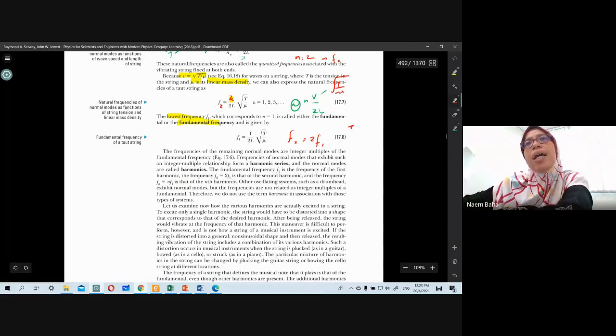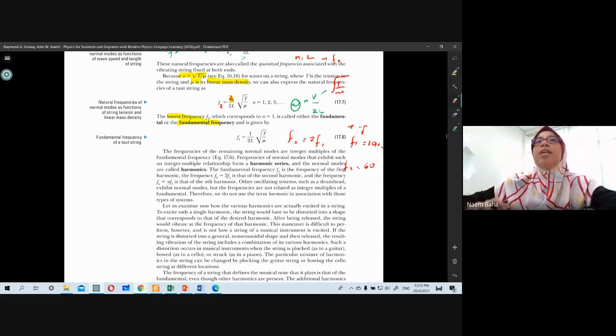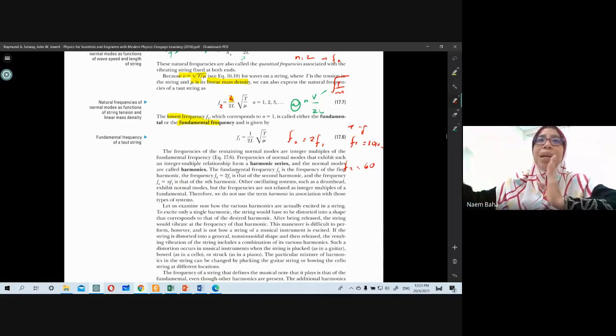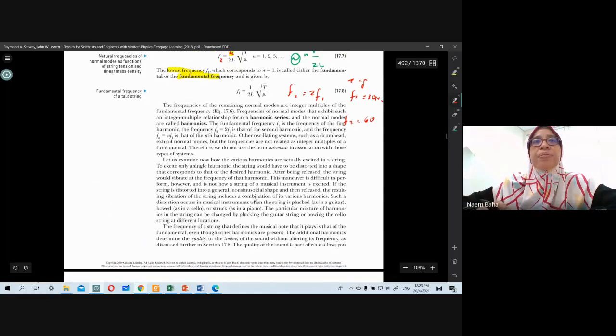I'll give you an example. Let's say F1 is 30 hertz. Therefore, F2 is 60 hertz. F3 is times 3, 90 hertz. So the harmonic series is called a series because it's multiplication of the first one.